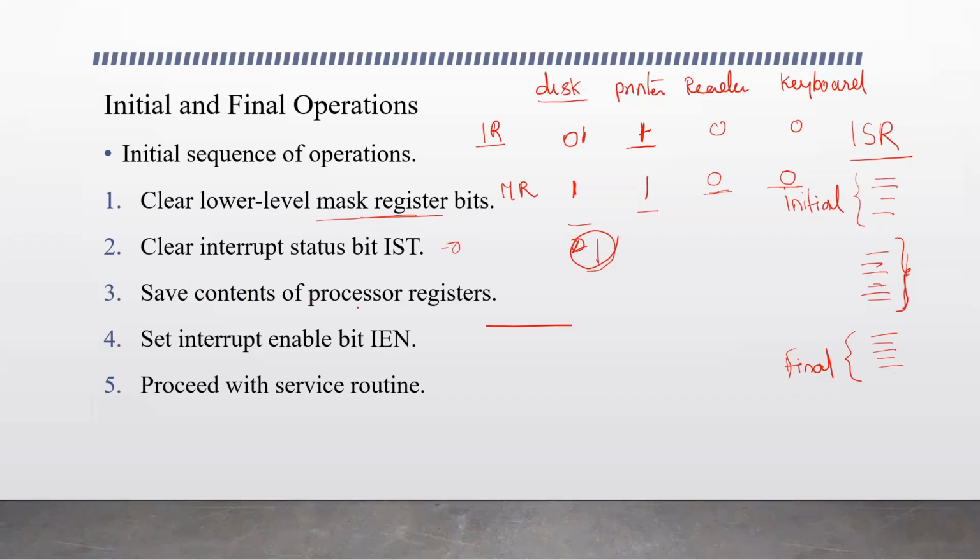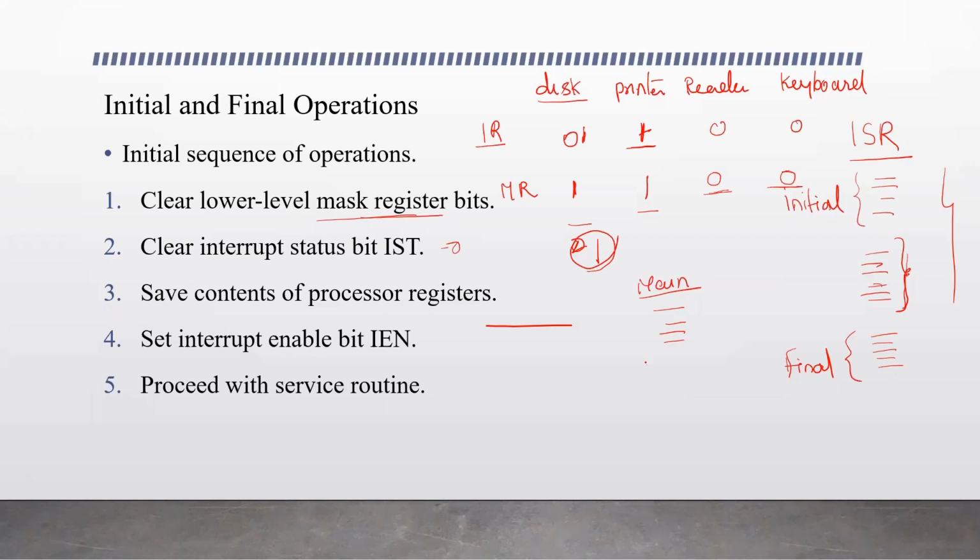And save the contents of the processor registers. Why do we need to save the contents of the processor registers? Before coming to execute this interrupt service routine, the main program was being executed by the CPU, and the processor registers are used by this main program. There is data stored in the processor registers during the execution of these instructions.